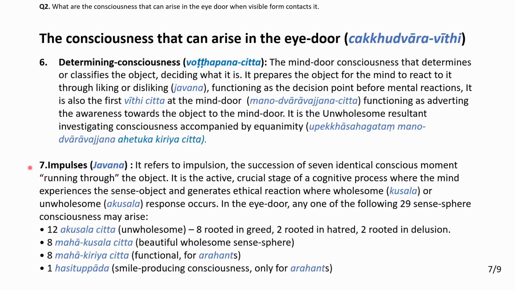Number 7, impulse, javana. It refers to impulsion, the succession of seven identical conscious moments running through the object. It is the active, crucial state of a cognitive process where the mind experiences the sense object and generates an ethical reaction, where a wholesome or unwholesome response occurs. In the javana, any of the following 29 sense sphere consciousnesses may arise.